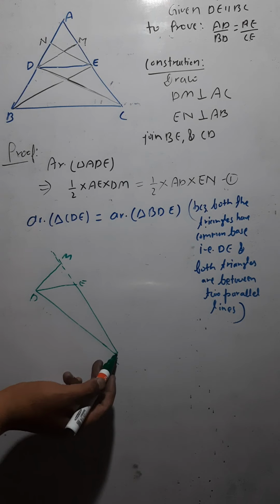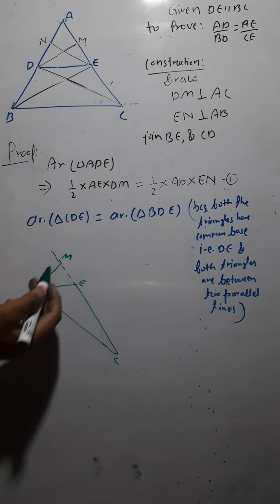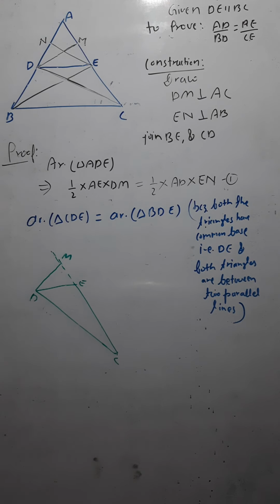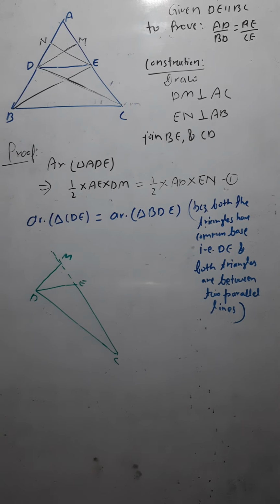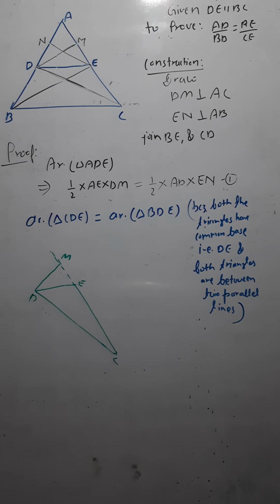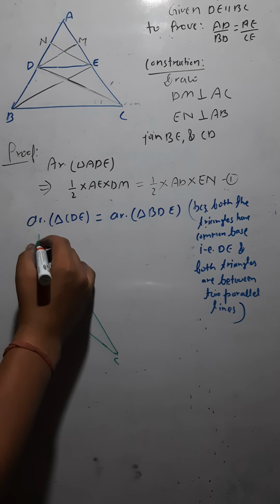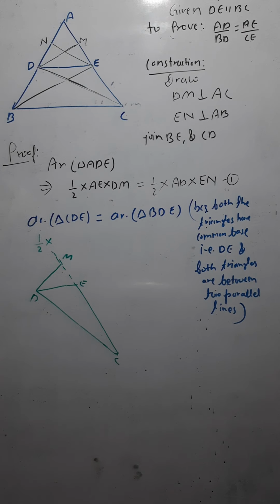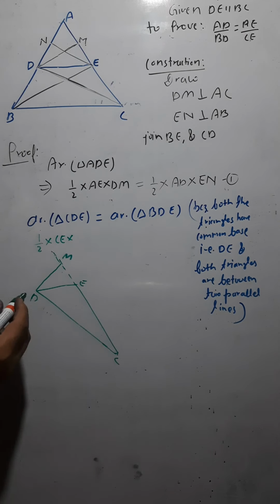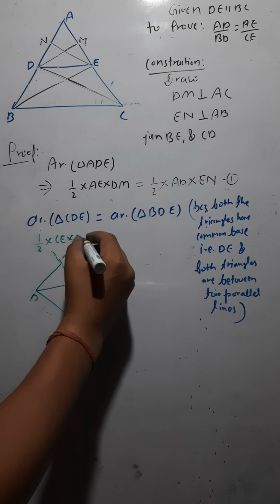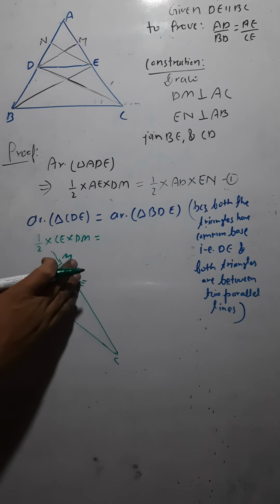Base is CE and height is DM. Are you getting this? So area of triangle CDE would be equal to 1 by 2 into base CE, and height is DM.